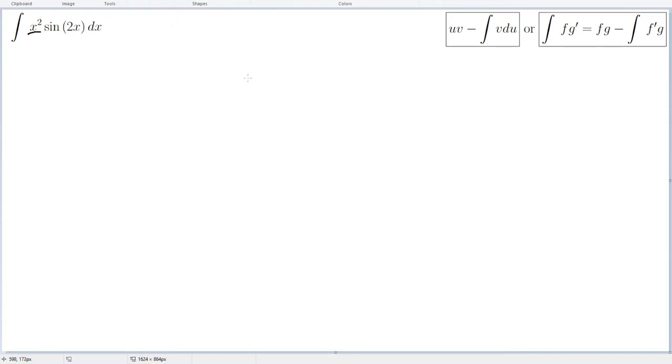The reason is that when you keep deriving it, it will reach 0, and that's something you always want. There are exceptions, and we'll get to that later. So I want to derive x squared, and I want to integrate sine 2x.